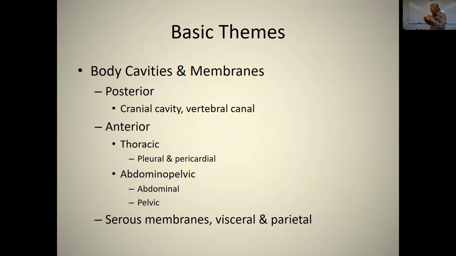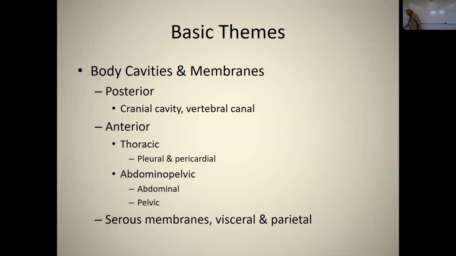One lines the cavity itself, called the parietal, and there's a simple squamous epithelium lining the organs in the cavity, and that's always called the visceral. For example, the heart is in the pericardial cavity. There's a parietal pericardium that lines the pericardial cavity, and visceral pericardium that is over the surface of the heart that's in the pericardial cavity.